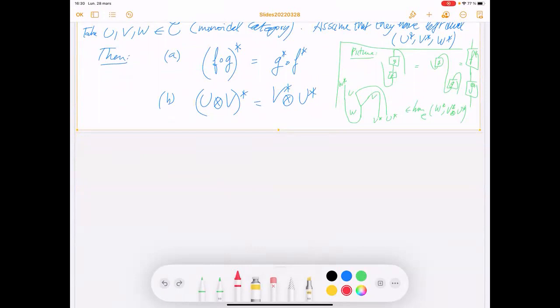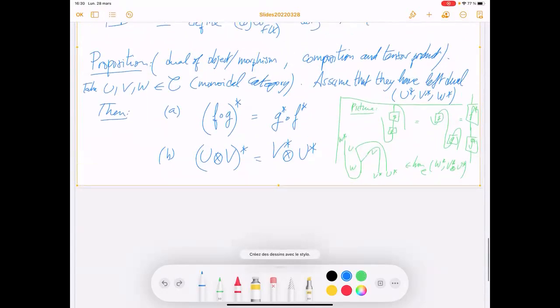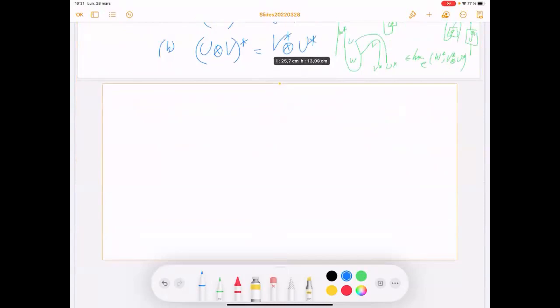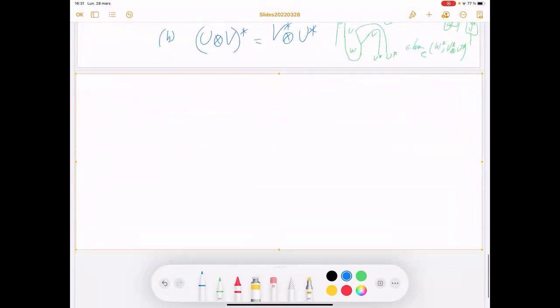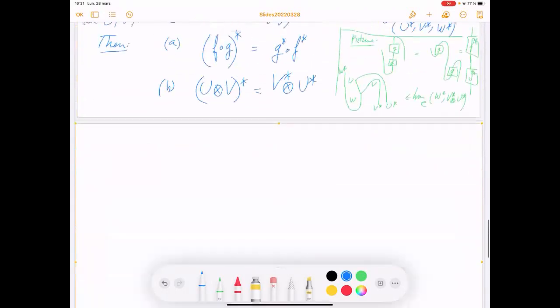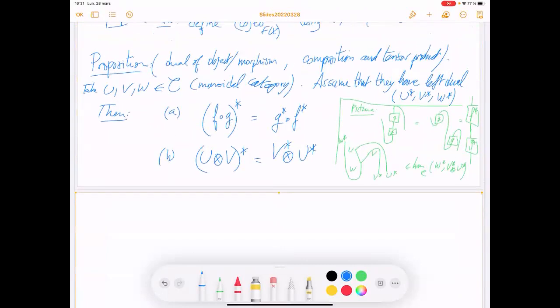Okay, so I spent too much time on that. It's not good. So the next proposition is about the natural adjunction isomorphism.